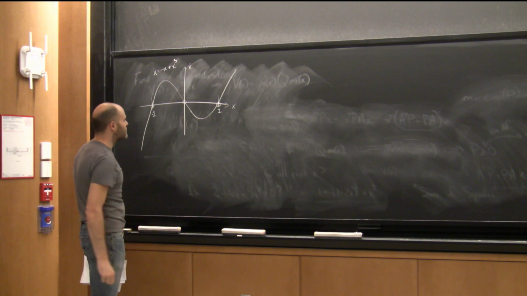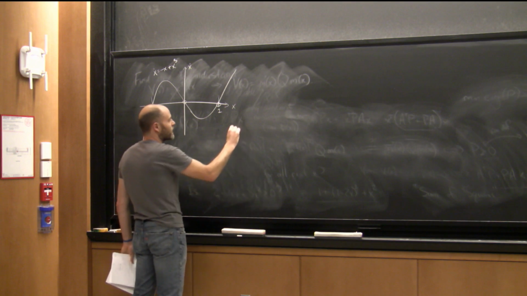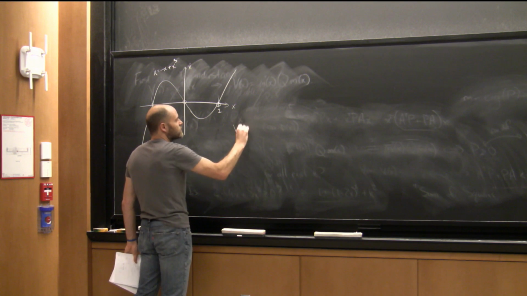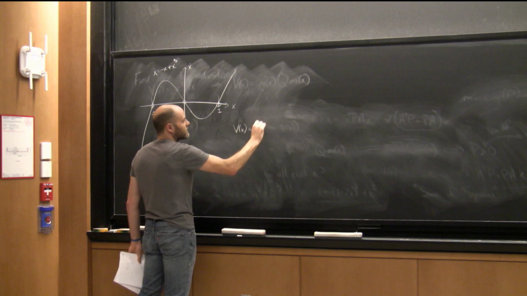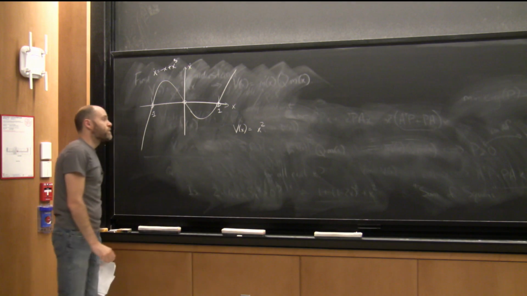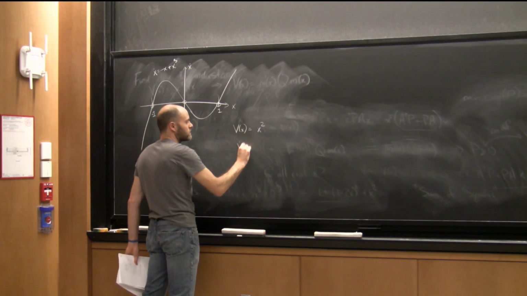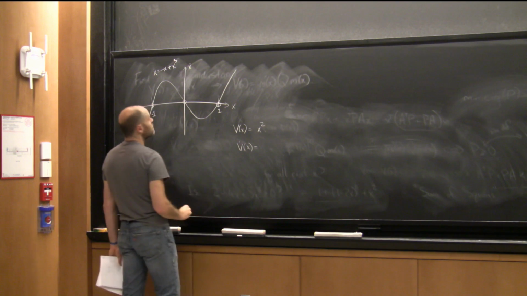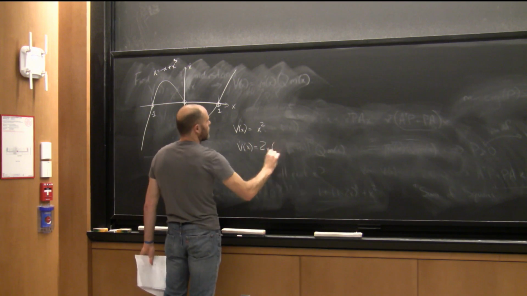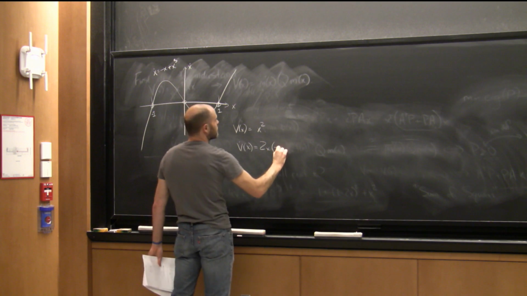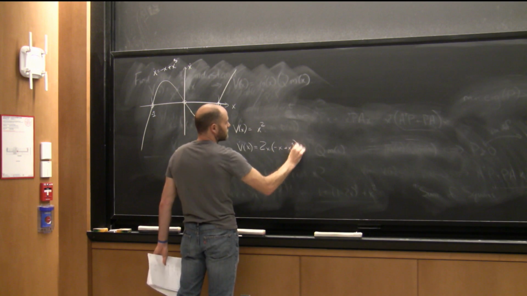Right? What I know here is that if I choose v of x equals x squared, then v dot of x, what is it? It's 2x times negative x plus x cubed.